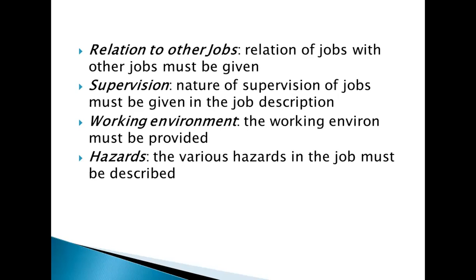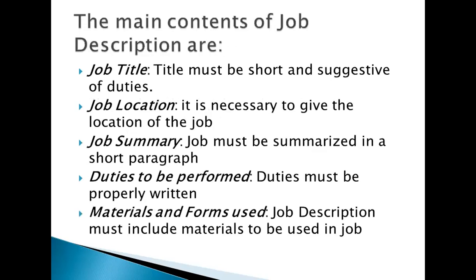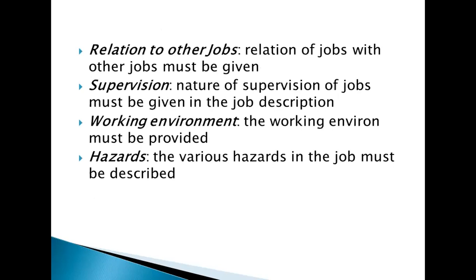Hazards, the various hazards or risks in the job, must be clearly described. So these are the important contents of job description: job title, job location, job summary, duties to be performed, materials and forms to be used, relation to other jobs, supervision, working environment, hazards.